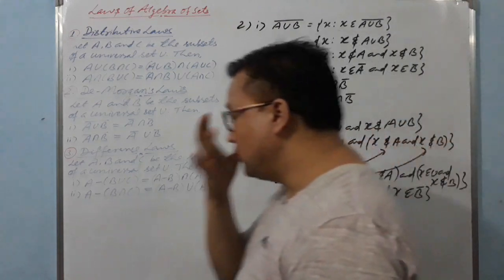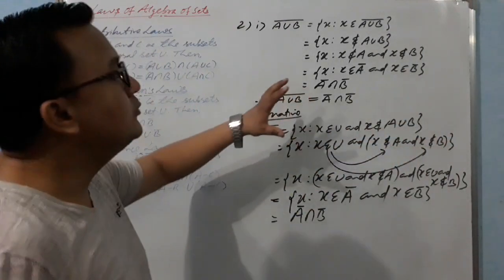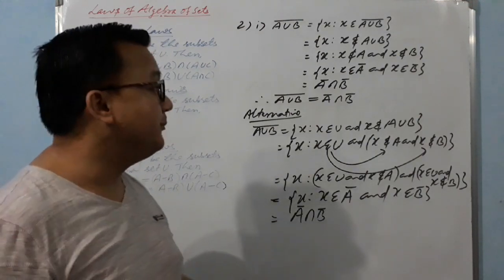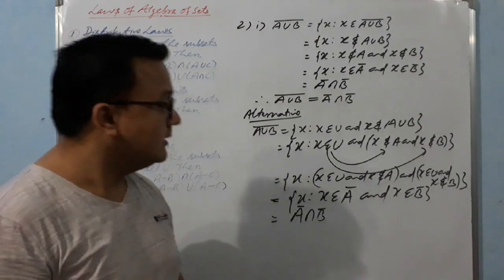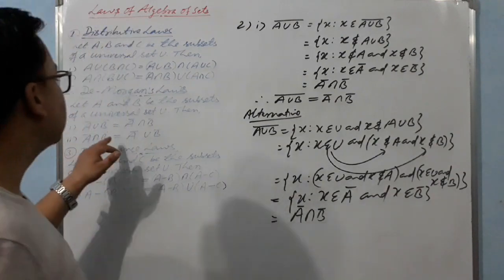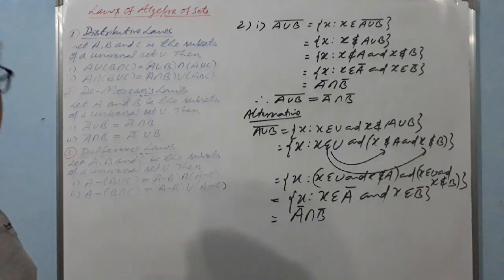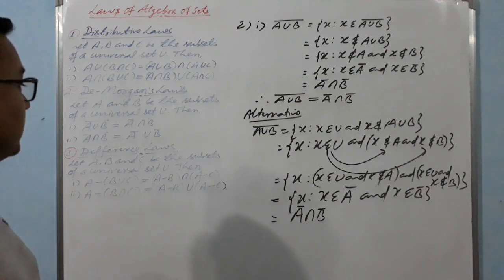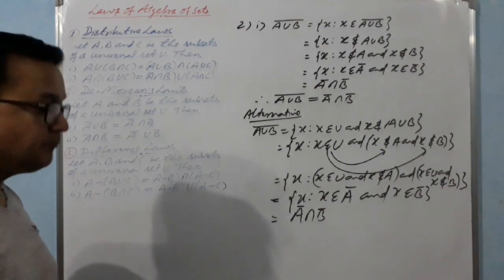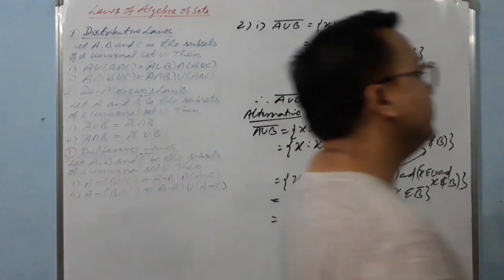I have told you both methods, so you can use any one, both are absolutely correct. There is no doubt in both methods. As you wish, you may use any one. The second part can also be proved this way. Any one method you can apply to prove the second part of De Morgan's law. Very important.